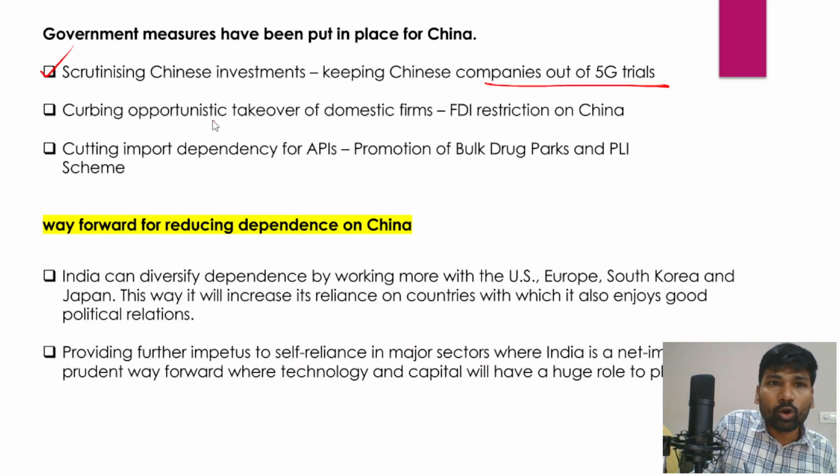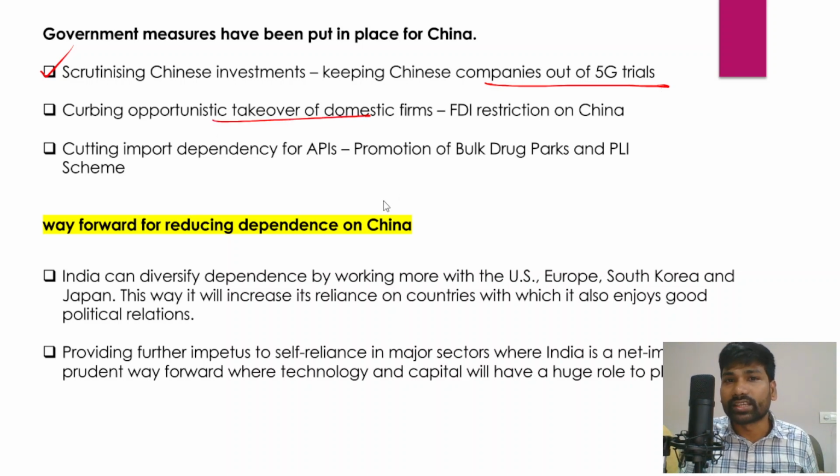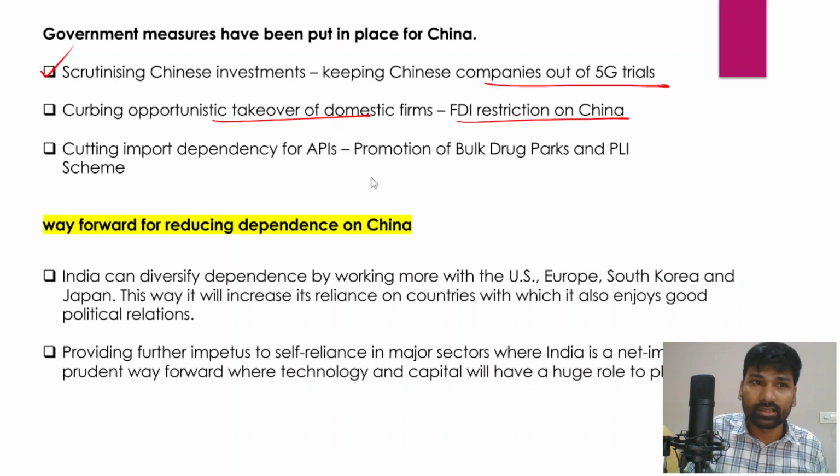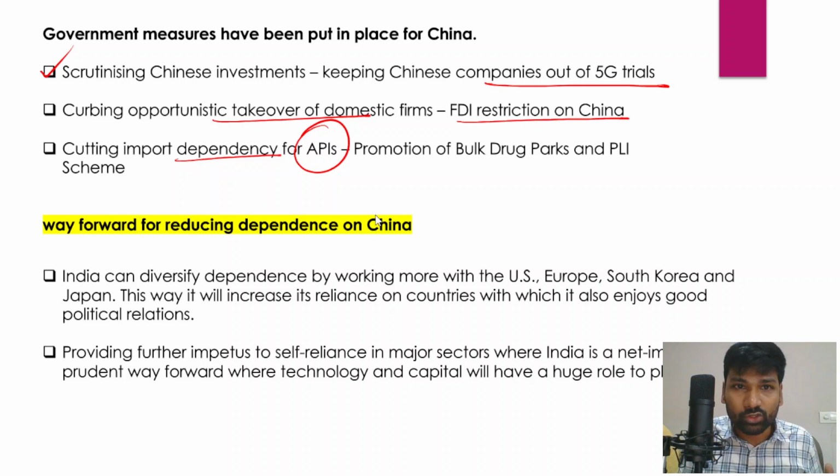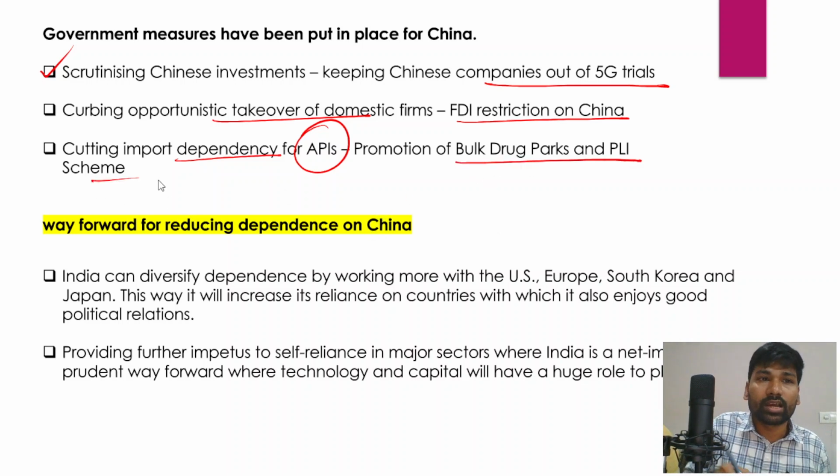Secondly, curbing opportunistic takeover of domestic firms, so FDI restrictions on China. And thirdly, cutting import dependency for active pharmaceutical ingredients and even promotion of bulk drug parks and production linked incentives.